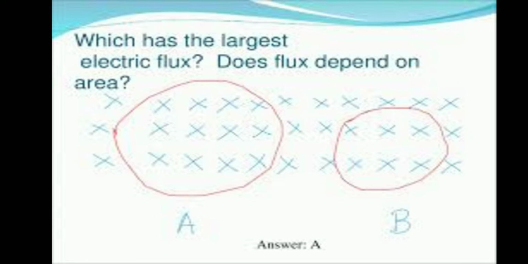In the first figure, the area is more and the lines indicate electric field lines crossing. So A has more surface area and therefore more electric field lines cross through it, and hence electric flux will be more in A in comparison to figure B.